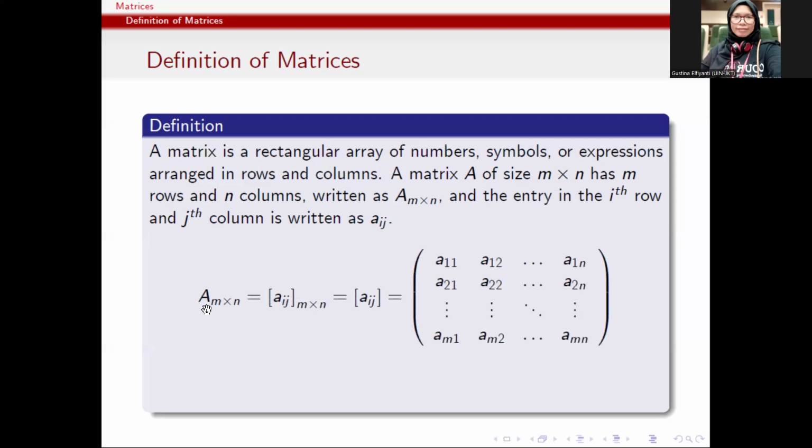So we can write A m by n like this, which means that this one is the entry of A, or in expanded way, we can write it like this. So A has n columns and m rows.